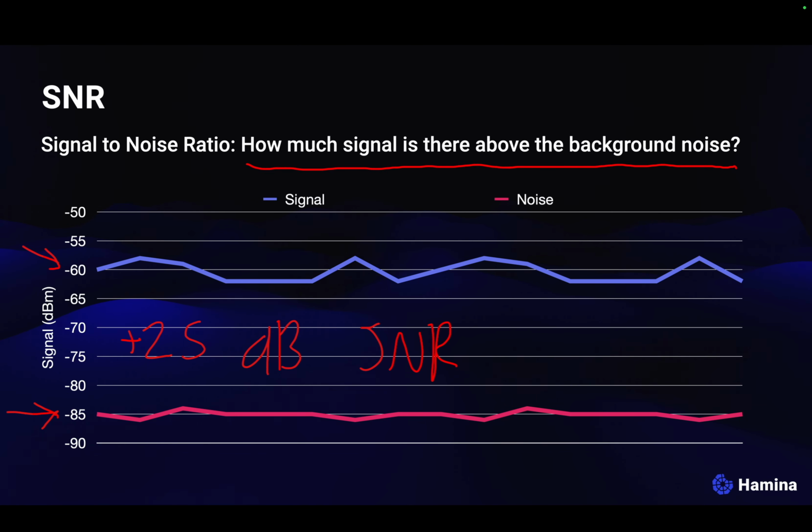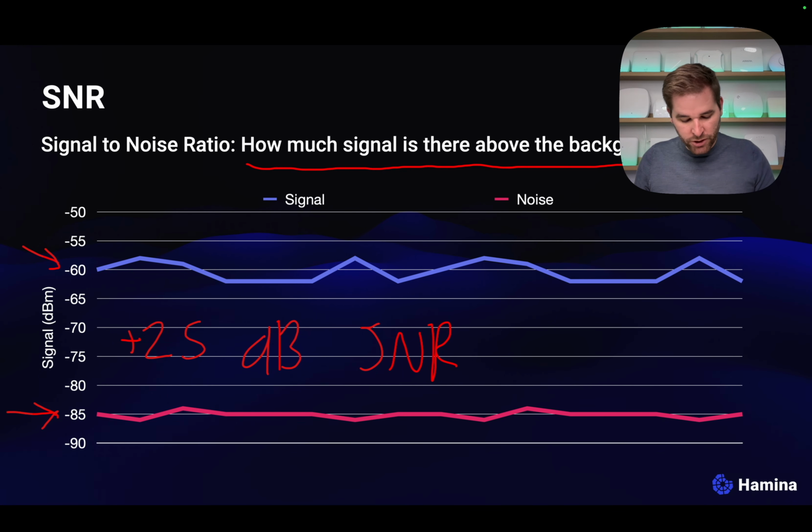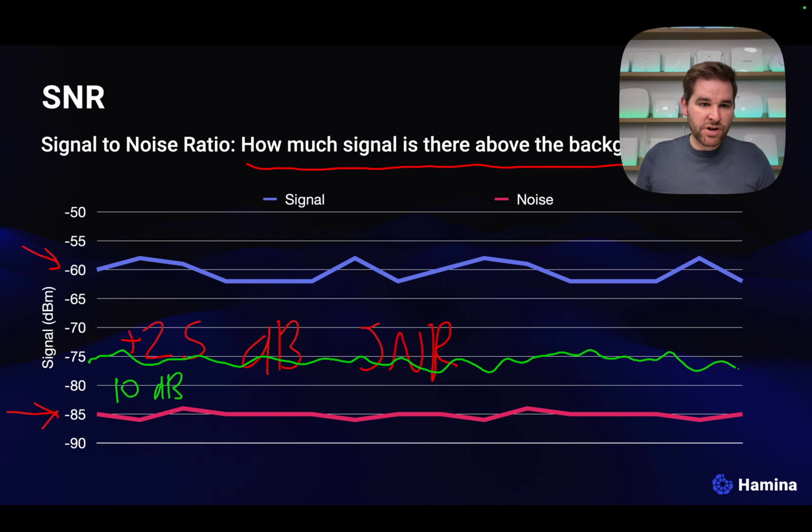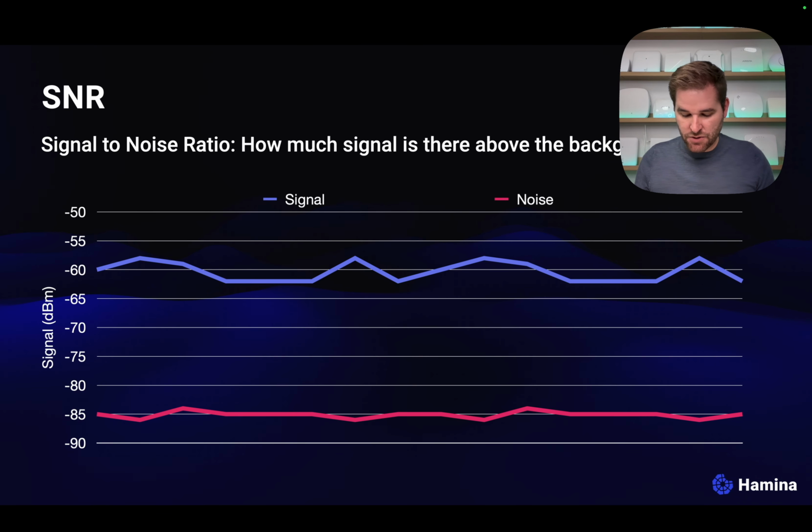Most networks designed today are shooting for 20 to 25 dB of signal to noise ratio, 20 to 25 dB of signal above the background noise. Although, if your signal's all the way down at maybe minus 75 and you only have about 10 dB of signal to noise ratio, things are still going to work. Packet delivery is just not going to be as reliable, and it may or may not work for whatever network application you are trying to use.